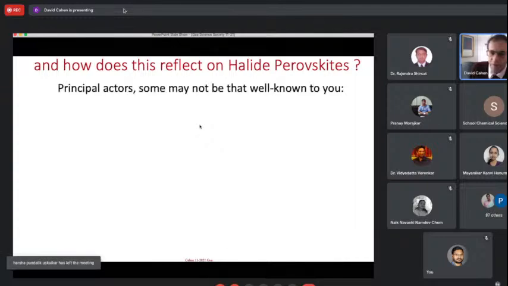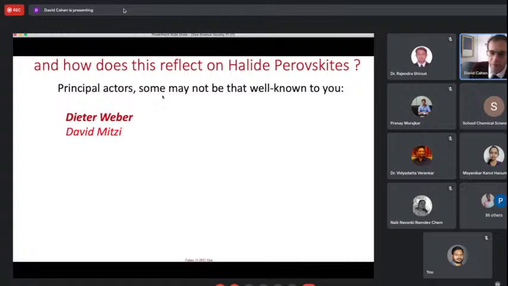So here are the principal actors, as far as I can see, some of whom may not be that well known to you. Dieter Weber was the first to make an organic-inorganic halide perovskite in the late 70s. Then in the 80s, he showed that there was lattice dynamics because of the organic cation.